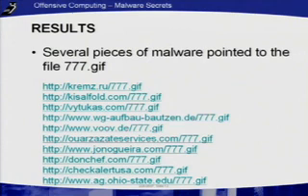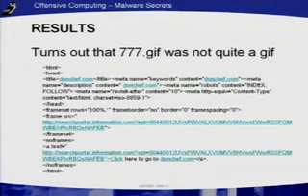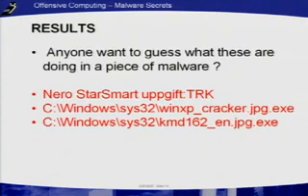But if you actually download 777.gif, you'll find that it's not quite a GIF file. It's actually a little bit of HTML, a little CSS, and it calls its malware buddies and says, "Hey, we're having a party at this computer. Come on down." So that's one example of the things that we find correlating the data from PISDA.